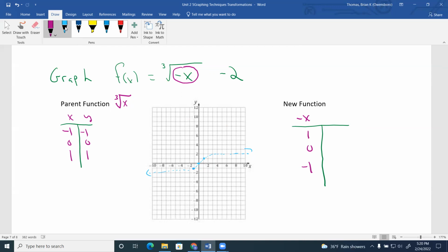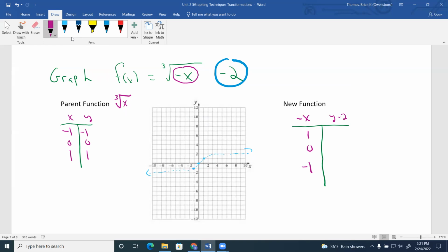On the y values, what we're seeing there is this -2 on the outside. So it's going to tell me that my y values are going to be shifted down 2. So I have to lose 2 on the y's. That's on the outside.